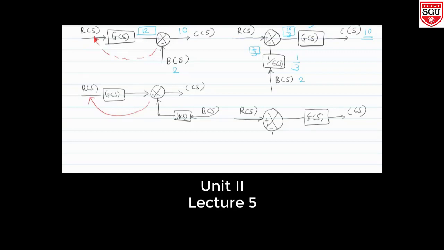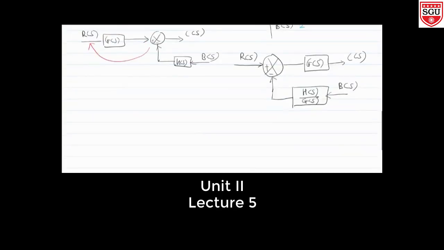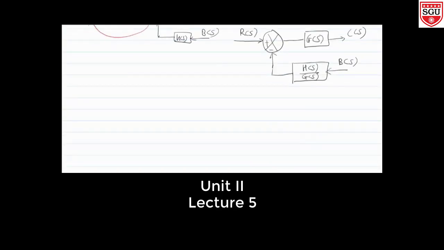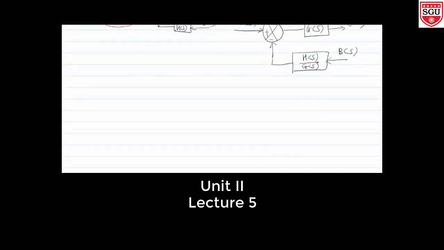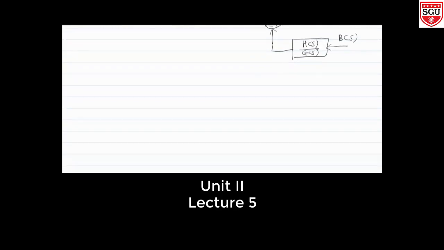So what do you think will be in this block? 1 upon g of s into h of s, that is h of s divided by g of s. Your answer is correct. So this was rule number 7. Is this clear? Then we will move to rule number 8.